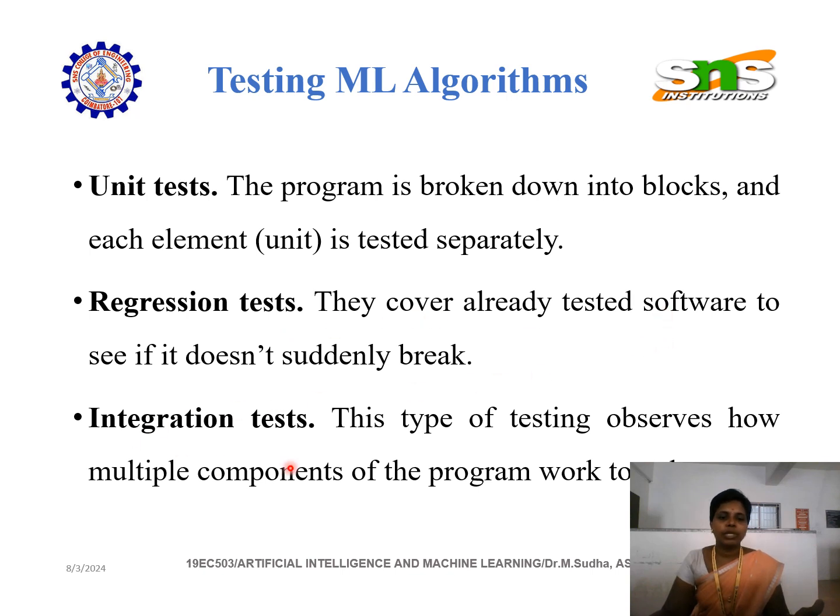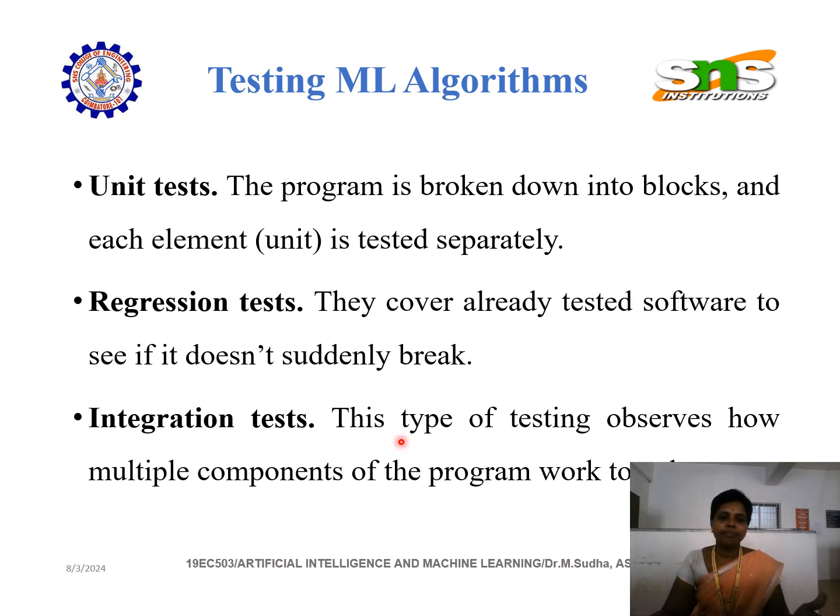Now coming to the integration test, again the name itself shows integration, that is the cumulative part. This type of testing observes how multiple components of the program work together. So in the first step, the unit test is the analysis part we have made, and the regression test randomly picks and tests again whether the already tested software is working properly or not.